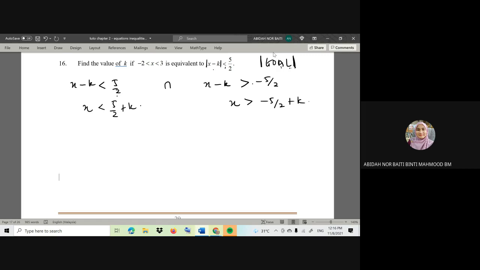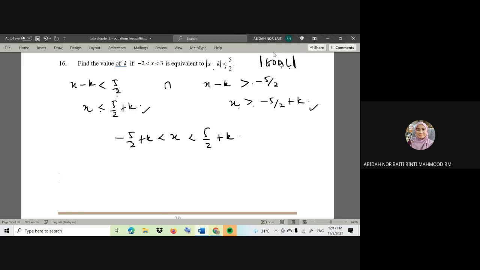Okay, now we rearrange. Okay, cuba kamu rearrange benda ni. How to rearrange? We start from negative 5 over 2 plus k. This is less ya. Less x. Okay, ni pun less. Ni x greater lah. Okay, less 5 over 2 plus k.